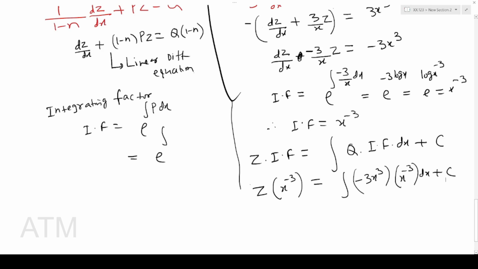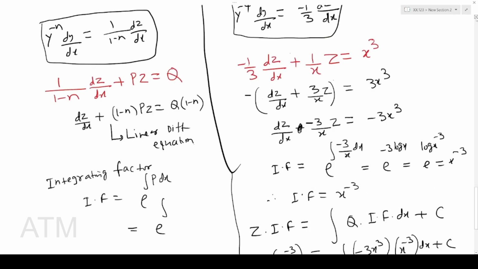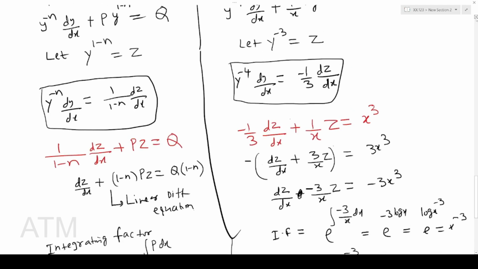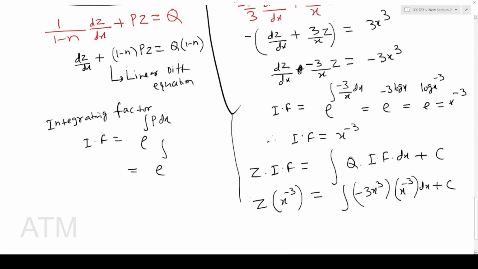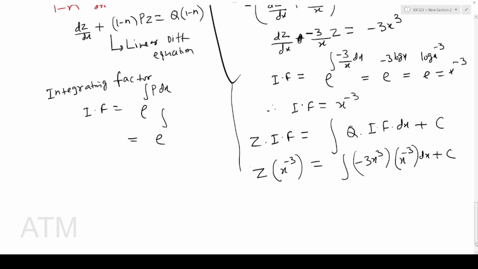Now what was the z value? The z value is nothing but y raised to minus 3. So in place of z, we will put y raised to minus 3. So y raised to minus 3 into x raised to minus 3 equals minus 3 taken common, x cube into x raised to minus 3 with respect to x, plus c.